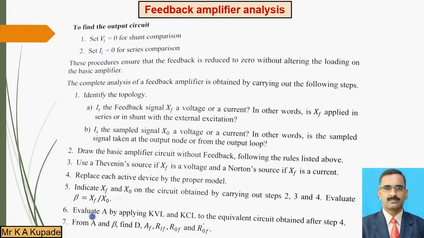Now evaluate A by applying KVL, Kirchhoff's voltage law, and KCL, Kirchhoff's current law, to the equivalent circuit obtained from step 4. From this, you can calculate A and beta, and from that you can find the gain of the feedback amplifier.